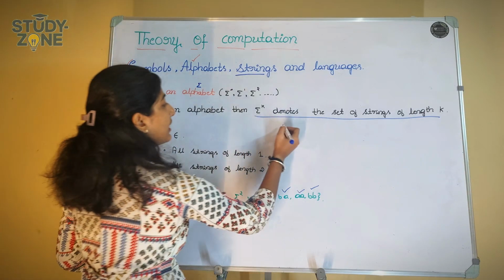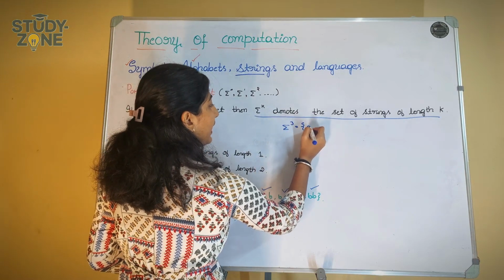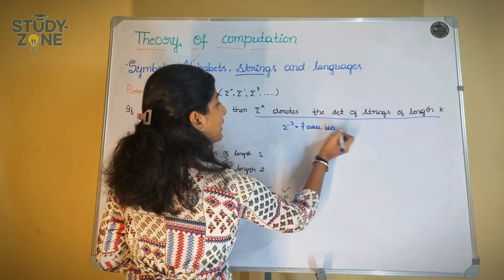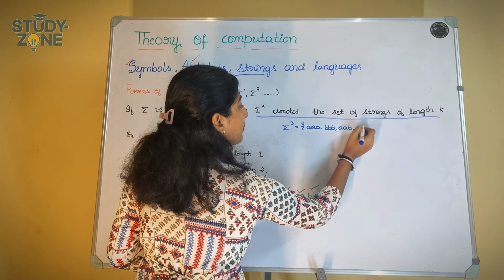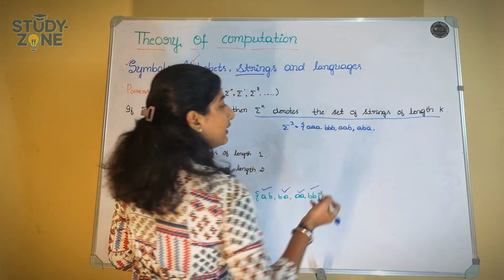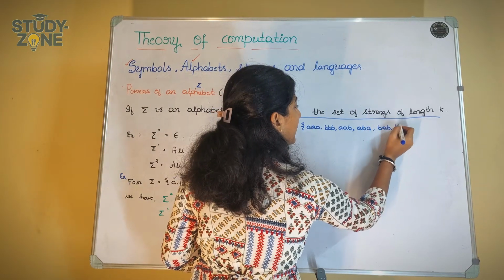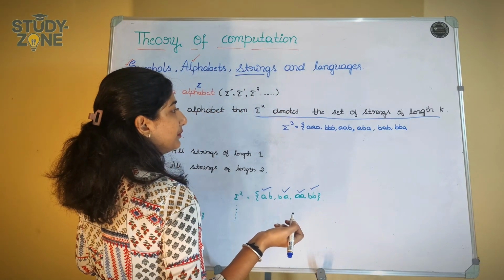So if we take sigma cube, we write out the combinations of A and B of length 3. Is there anything left?